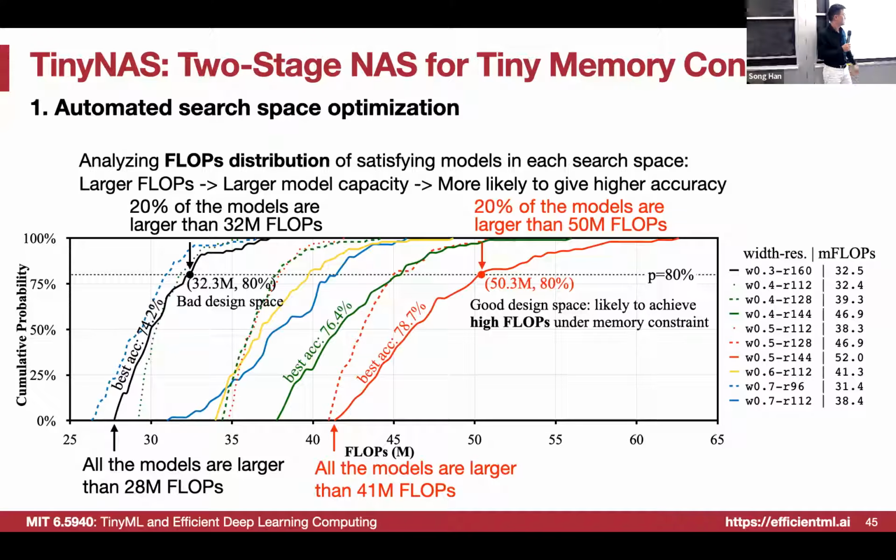Meaning that the worst one is better than this. This top performing one is also better than this black design space. So overall, this red design space is outperforming this black design space. And what are they? This red design space corresponds to width multiplier of 0.5, resolution of 144. What about the black? 0.3, much smaller width and slightly larger resolution.